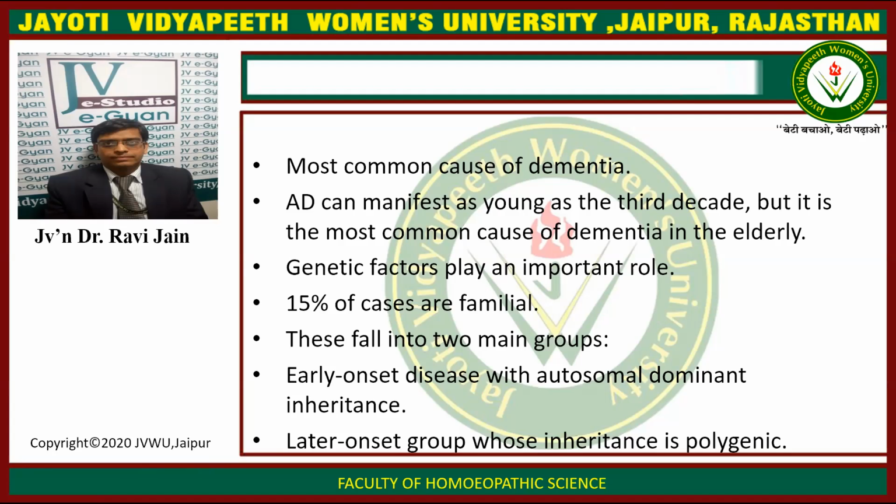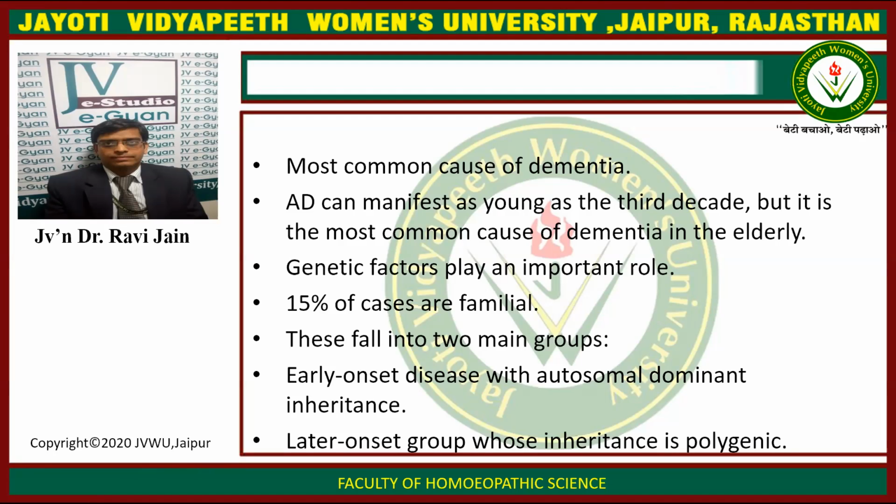There are various genetic factors which play an important role in the development of Alzheimer's disease. 15% of the cases are familial. The Alzheimer's disease families fall in two main groups. One is early onset disease, in which the patient of an early age gets affected, and it is an autosomal dominant inherited disease.